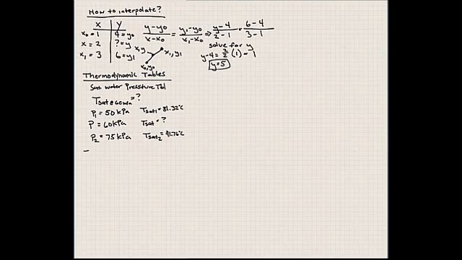So using the formula we developed, let me rewrite the formula here so that you can follow along clearly. We're saying that y is equal to y naught plus y1 minus y naught times x minus x naught over x1 minus x naught.